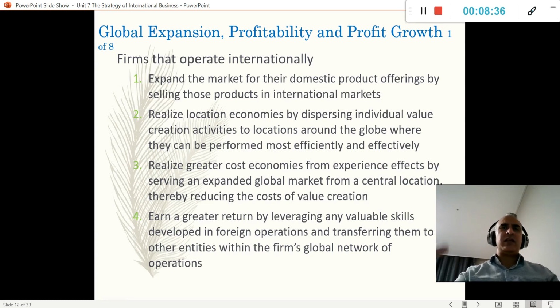We're going to talk a little bit about those experience effects. That means we learn from setting up a company abroad and then we find opportunities in that. And then of course we have greater return when we learn about that and we use that as an opportunity.